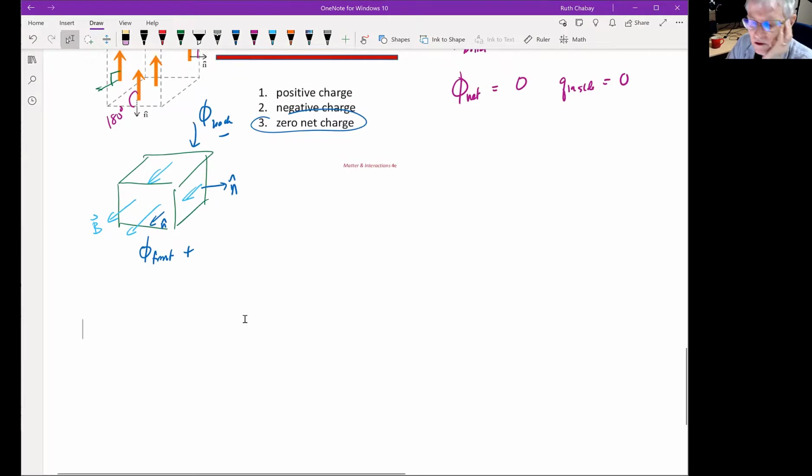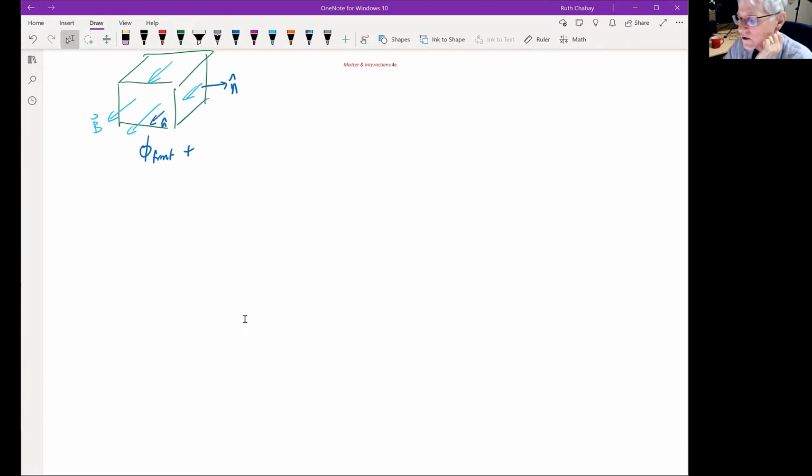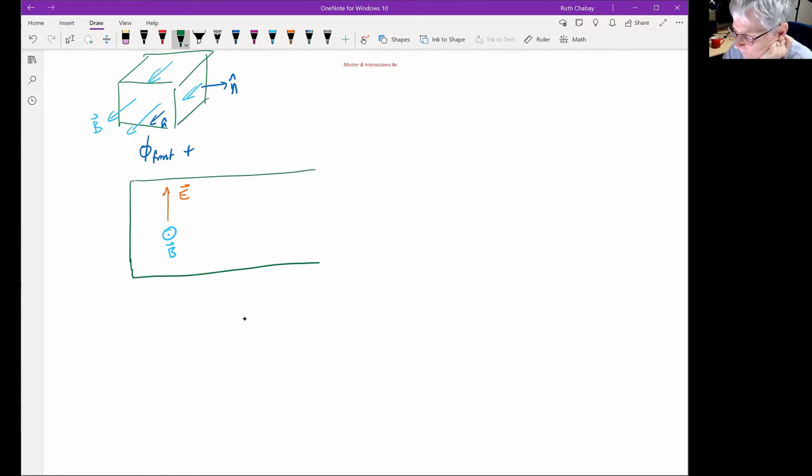What we're going to do is draw a path. So here's our region with E up and B out. And we're going to draw a path that is a rectangle. So this is going to be our path. And we're going to draw it in such a way that part of the path is where this pulse hasn't gotten to yet.